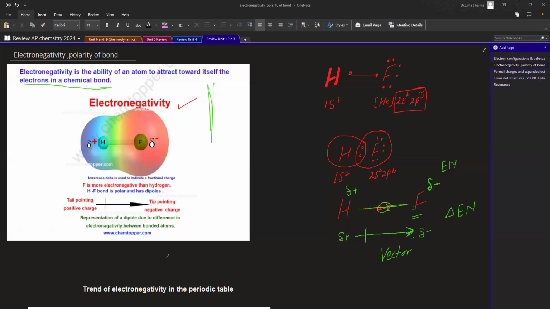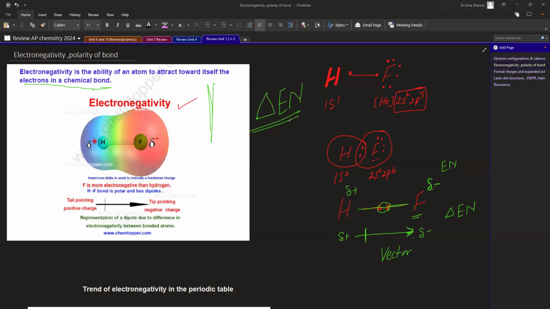So electronegativity causes polarity in a bond. If there is a difference in electronegativity, I will write it like this, delta EN. If this difference is very large, delta plus and delta minus are large, so there is big polarity in the bond. If the difference is small, then polarity is less.